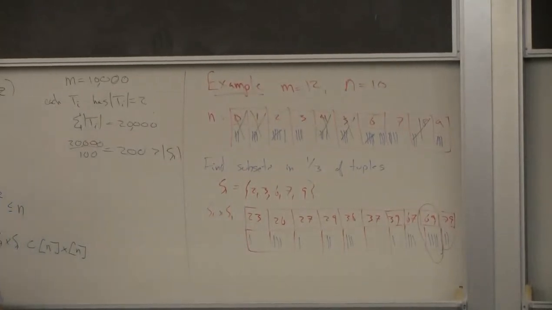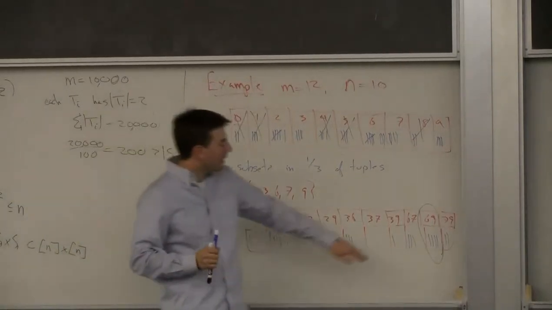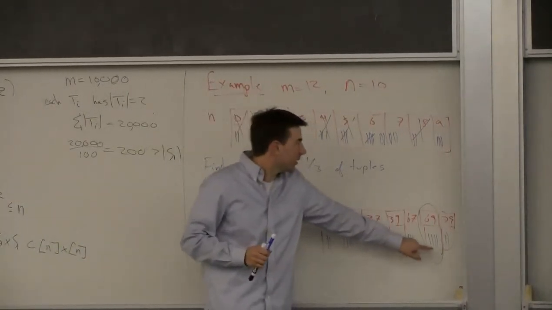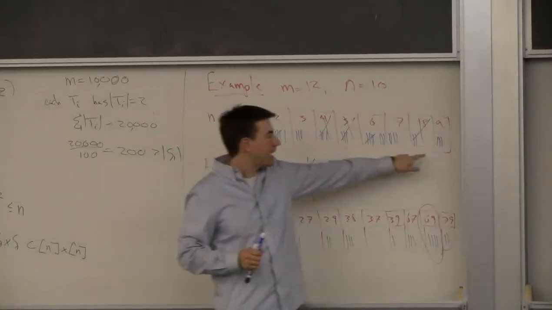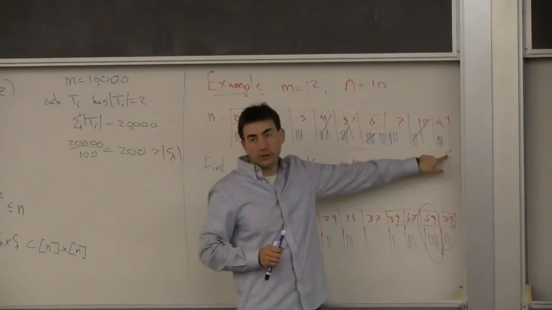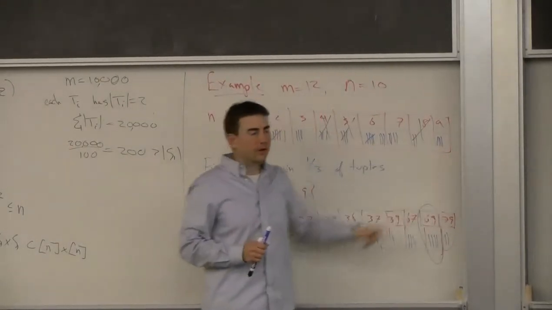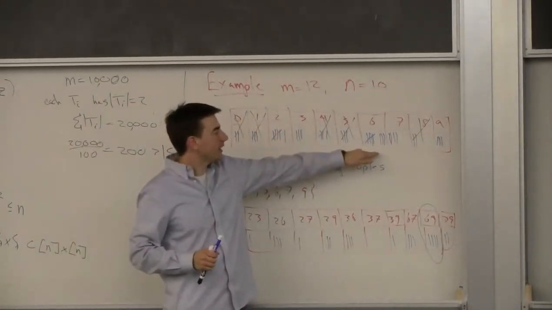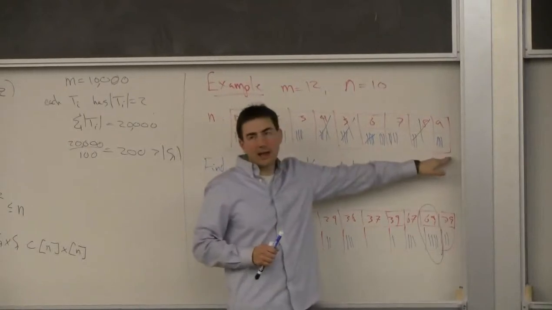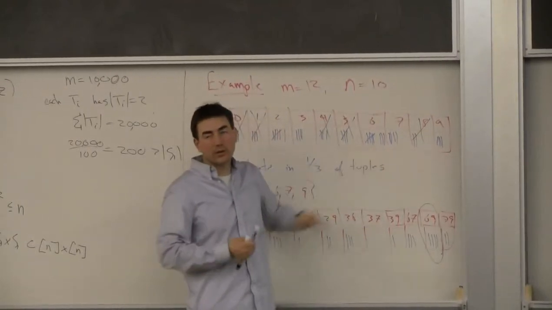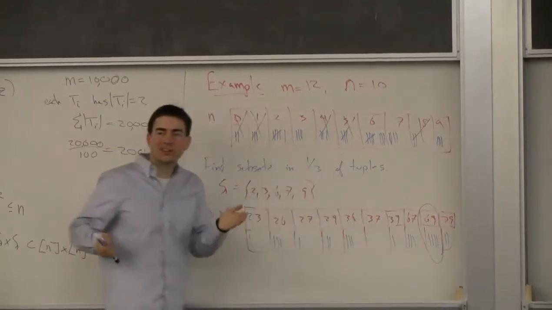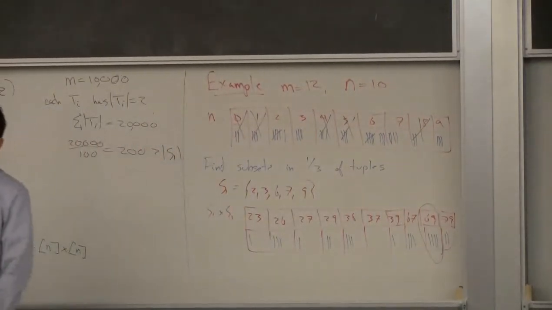Or maybe they say, I also want to look back and say 6 and 9 occurred a lot together, but 6 actually occurred in 7 of the tuples, 9 only occurred in 4 of the tuples. So if I know they're going to buy 6, that does not mean they're going to buy 9, but if I know they're buying 9, they're probably going to buy 6. So this may be more interesting. You can start to try and make some claims like this.